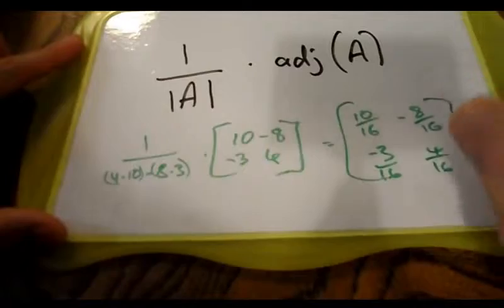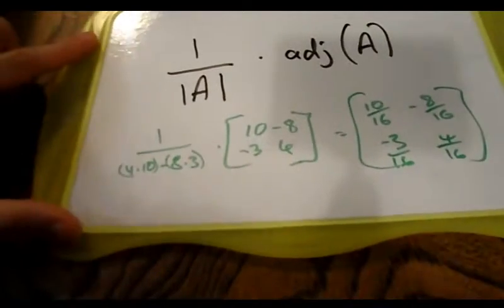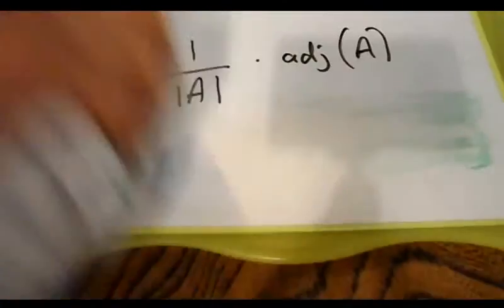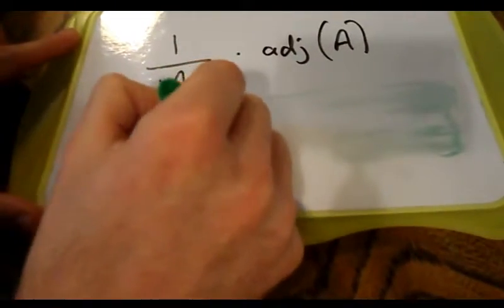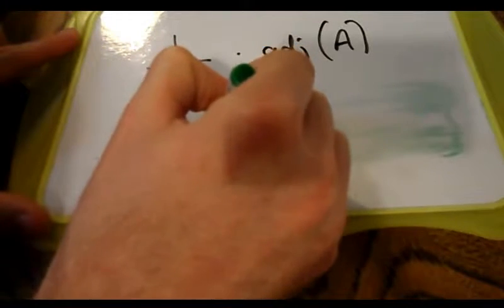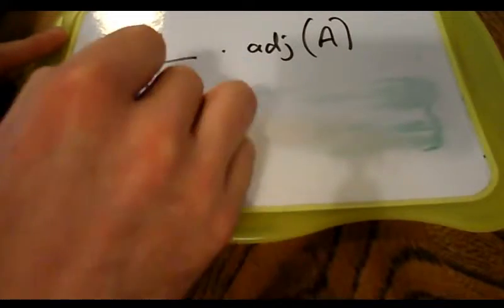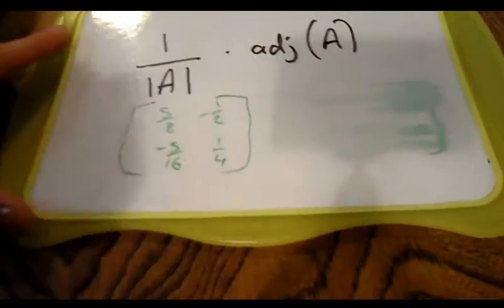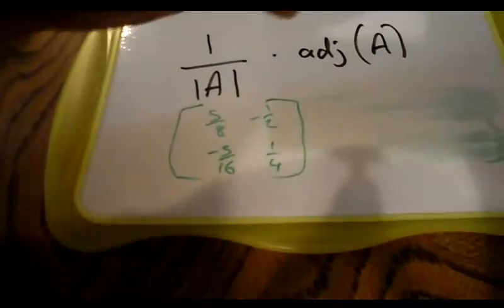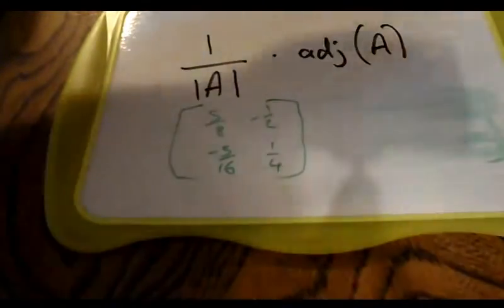That simplifies to our inverse, which is 5/8, minus a half, minus 3/16, 1/4. So there we found the inverse of a 2 by 2 matrix.